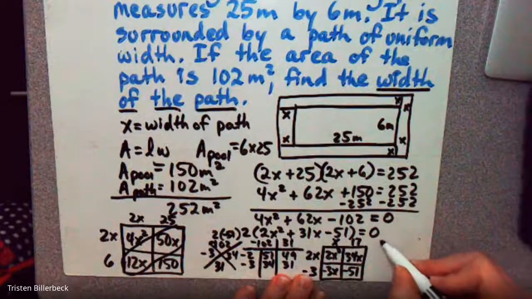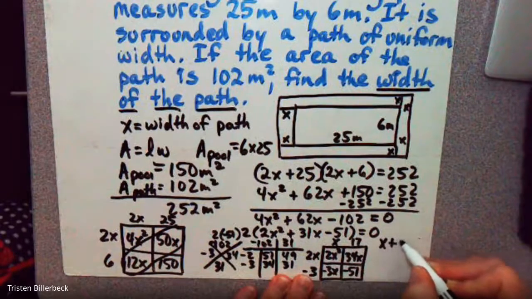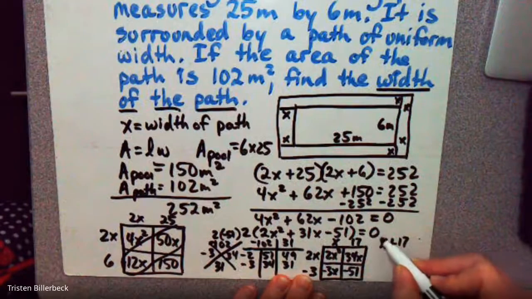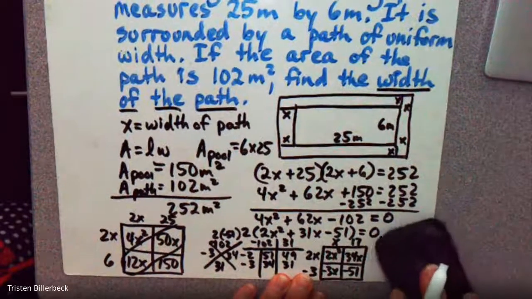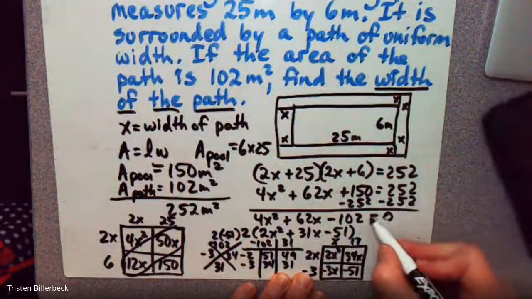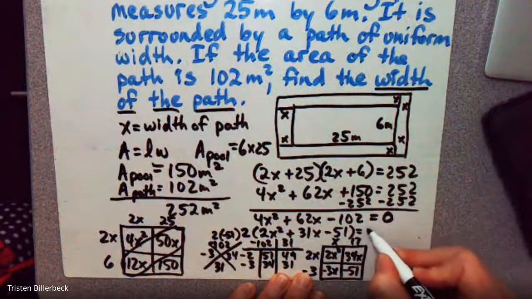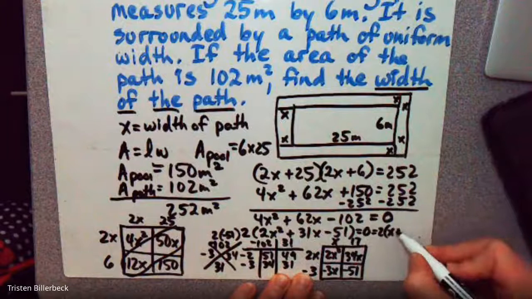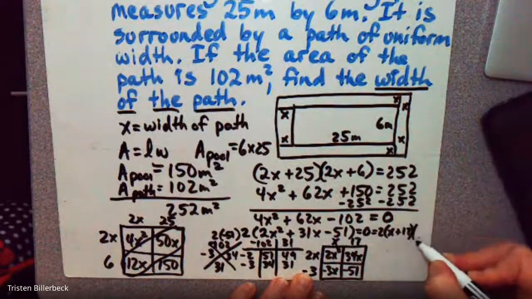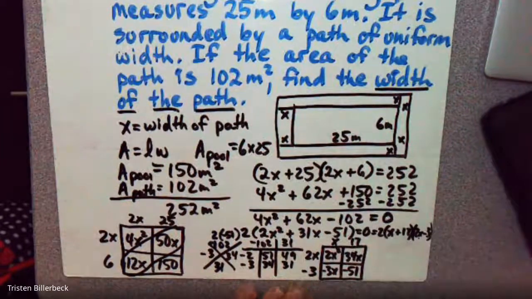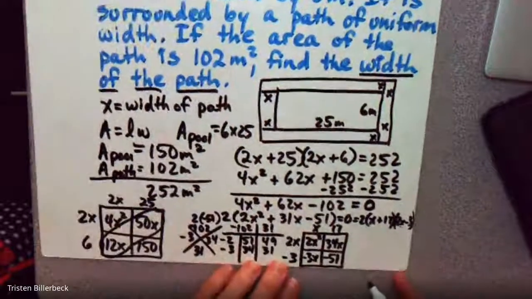So when we look at this, we see x plus 17. So this factors as 2 times x plus 17 and 2x minus 3. Sorry, it's so little.